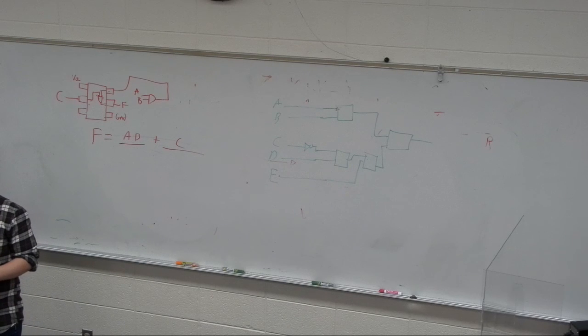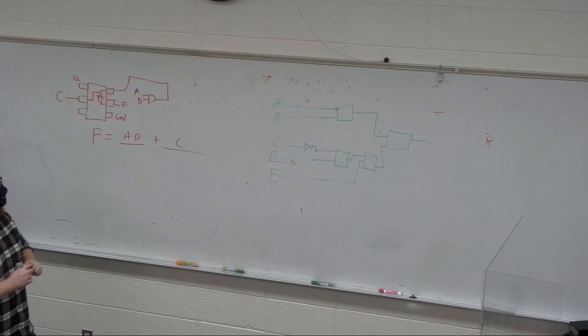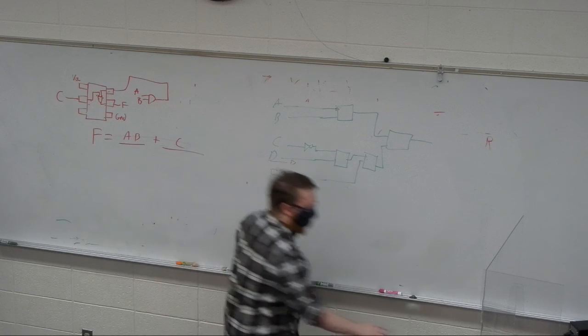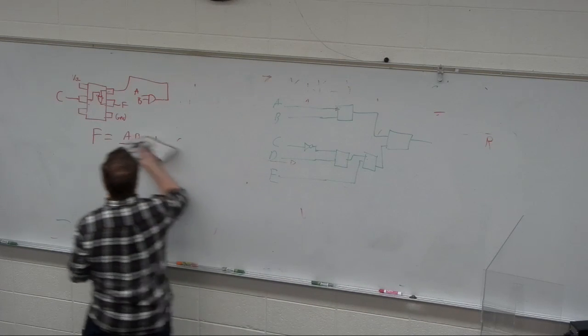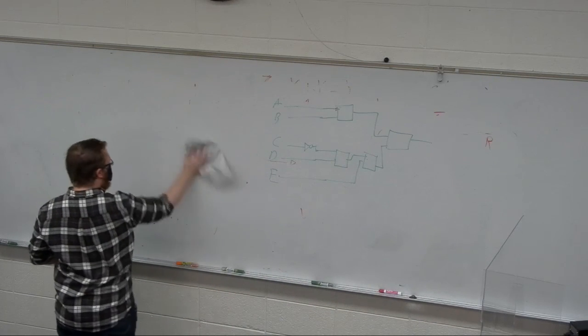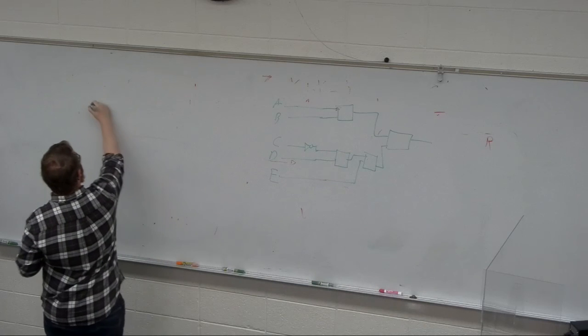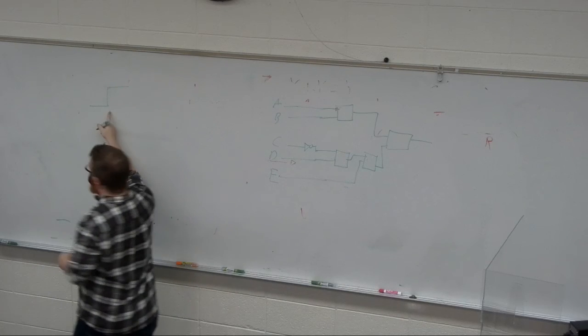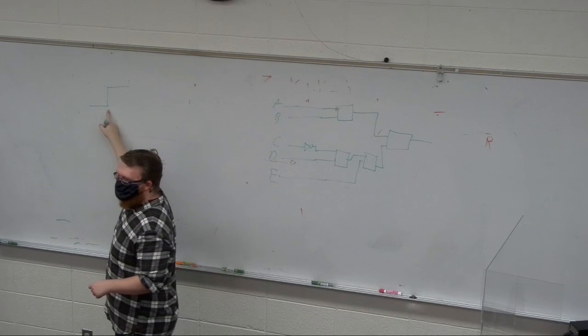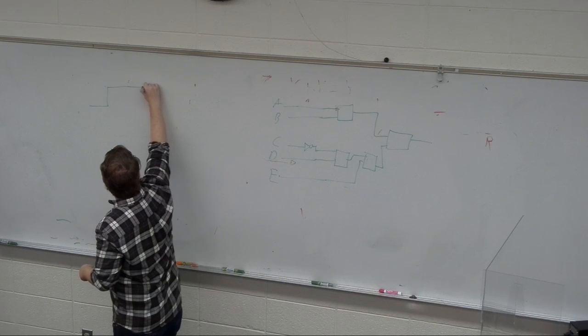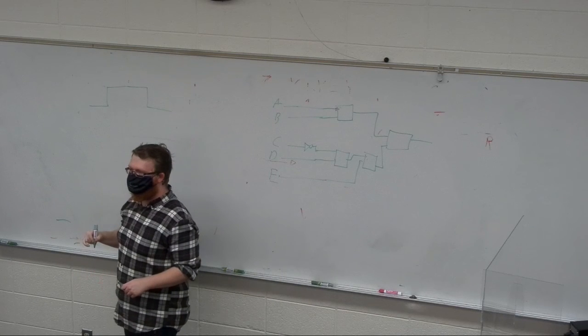Now, with assertion delay and de-assertion delay, there's something with inverters and something with the other gates. Can you talk a little bit about assertion delay, how you define it? Yes. Assertion delay is how long it takes to react to asserting the signal, and de-assertion is how long it takes to react to de-asserting the signal.